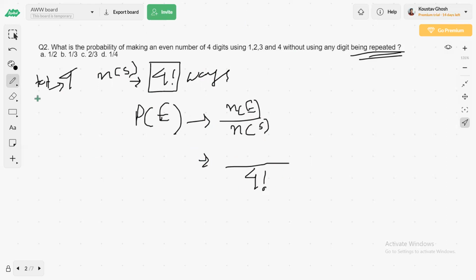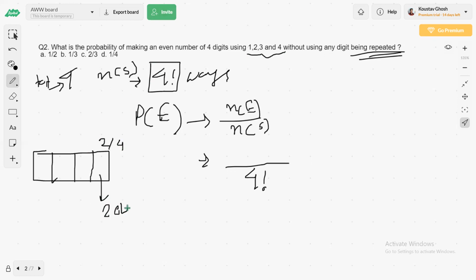Now, what is the number of even numbers? Suppose these are four places. To make the number even, the last digit must be 2 or 4, from 1, 2, 3, 4. So there are two choices.